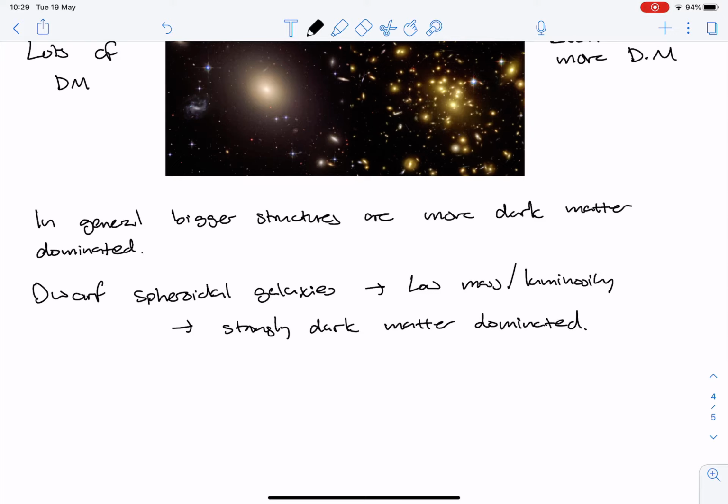So i.e., take a globular cluster, so here the mass is about 10 to the 6 solar masses. The radius is a few parsecs.